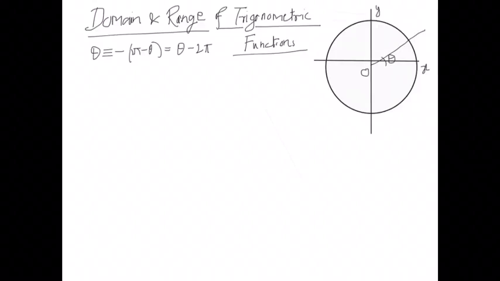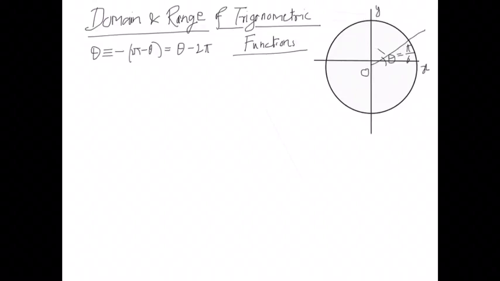Now let us again look at this angle theta and say that it is equal to pi by 6, that is 30 degrees. And now if we add another 2 pi radians to this angle, it will basically amount to rotating this line, which makes an angle of pi by 6 with positive x-axis, by an angle of 2 pi, which is one full round, one full circle in the counterclockwise direction.